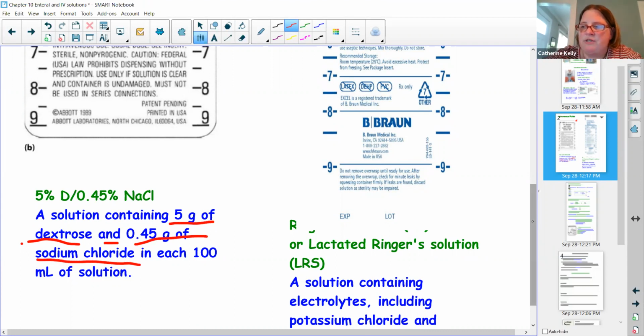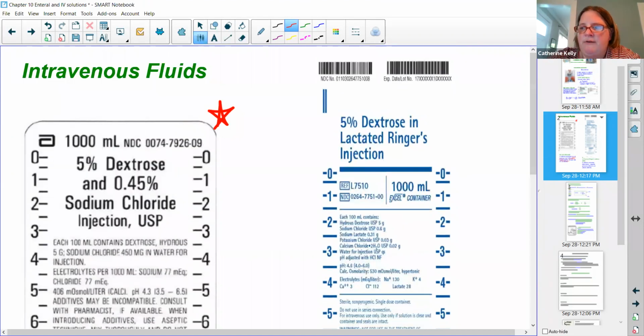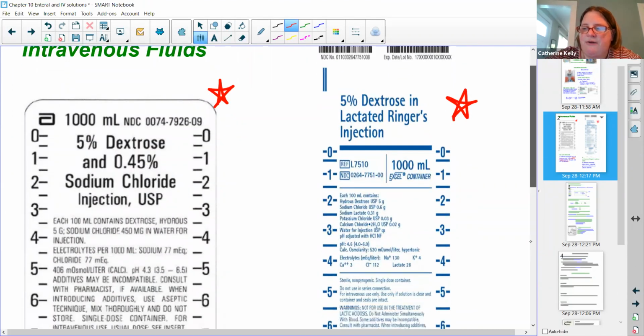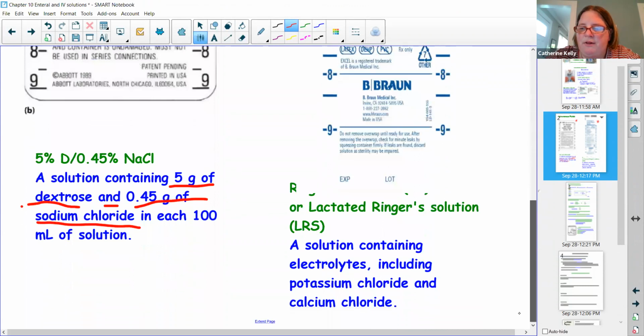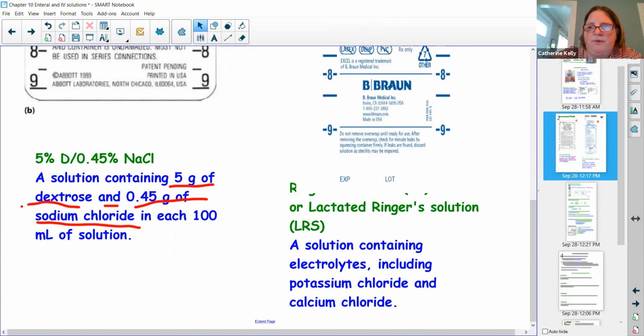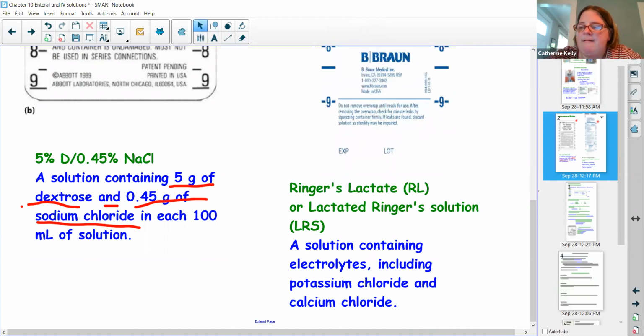If you look at Ringer's lactate, that's the second one here, 5% dextrose, it means that there are 5 grams for every 100 milliliters. Ringer's lactate, or RL, is a solution containing electrolytes, including potassium chloride and calcium chloride.